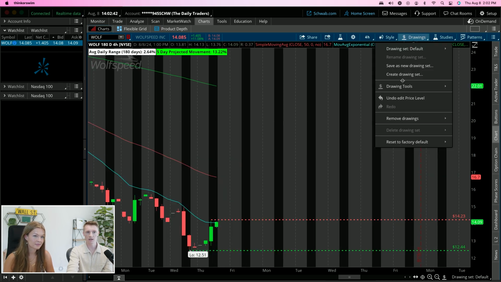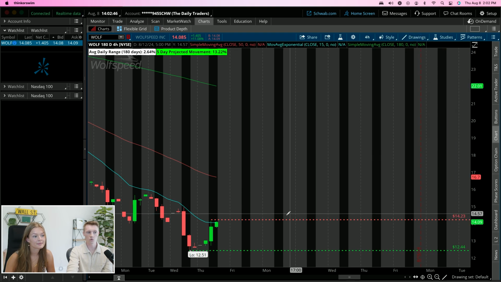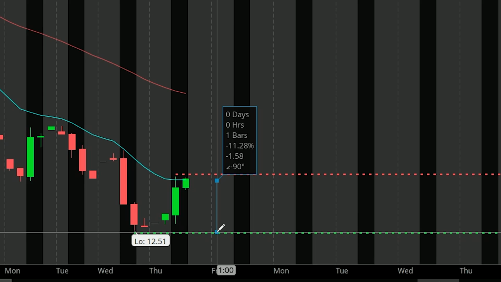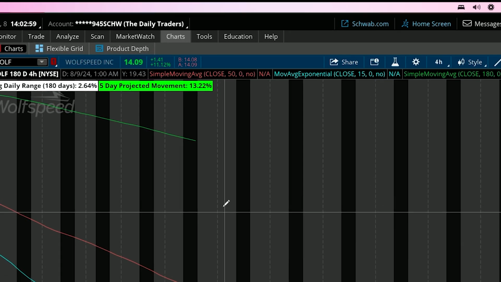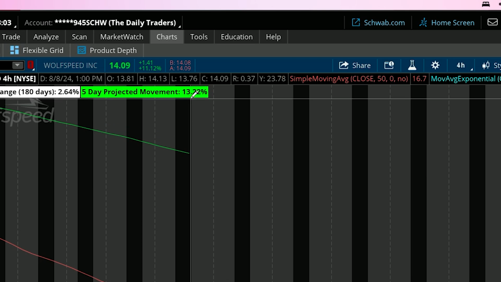Let's go to drawing tools, and we're gonna pull out this trend line tool. We're gonna click and drag down to our take profit. You can see 11.28%. That means we're sitting 11.28% away from our take profit, and that is within our 5-day projected move, which is 13%, right?